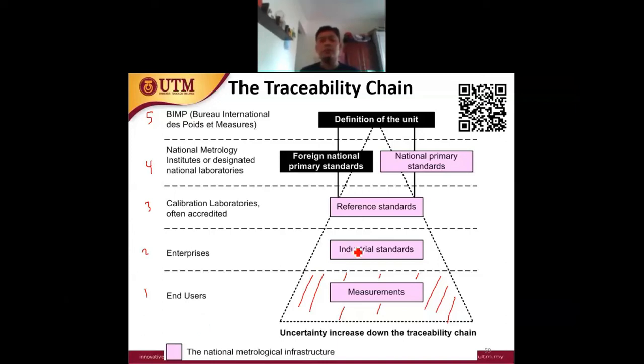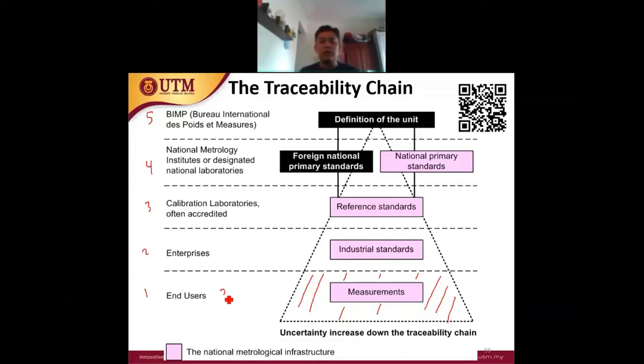So that is basically human body temperature measurement. Let's say at the end user we have that tool or equipment used to measure the human body.